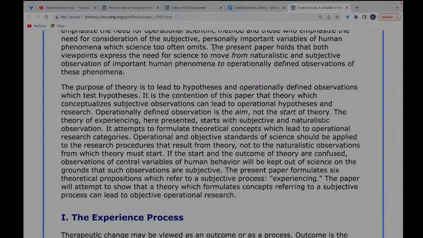The paper holds that both viewpoints express the need for science to move from a naturalistic and subjective observation to operationally defined observations. And I remember I didn't really know how to understand that exactly.